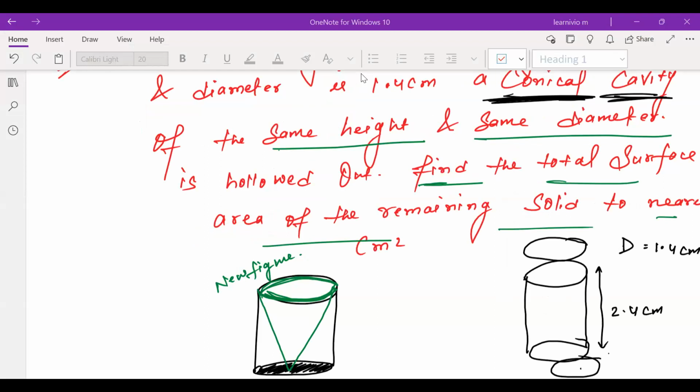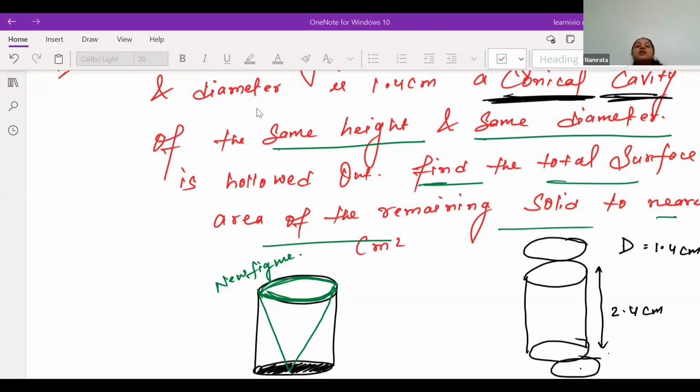The surface area of the cylinder, the surface area of the cone, and the surface area of the bottom part also, exactly. Since we have a solid cylinder, you can imagine a cylindrical block, and from there we are cutting out a cone.